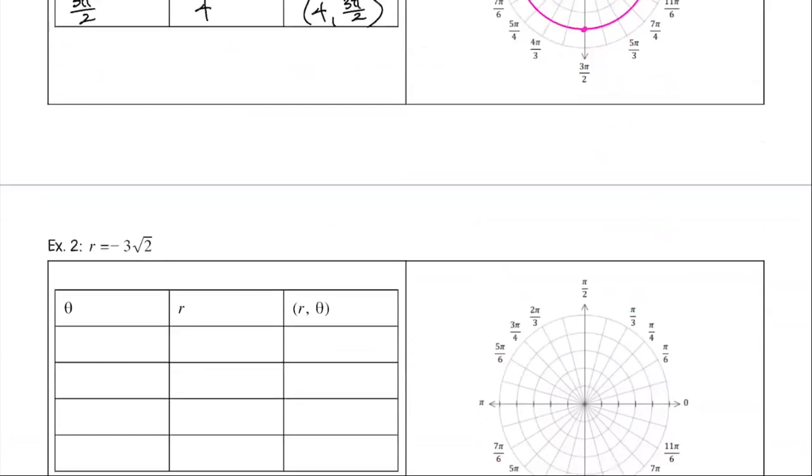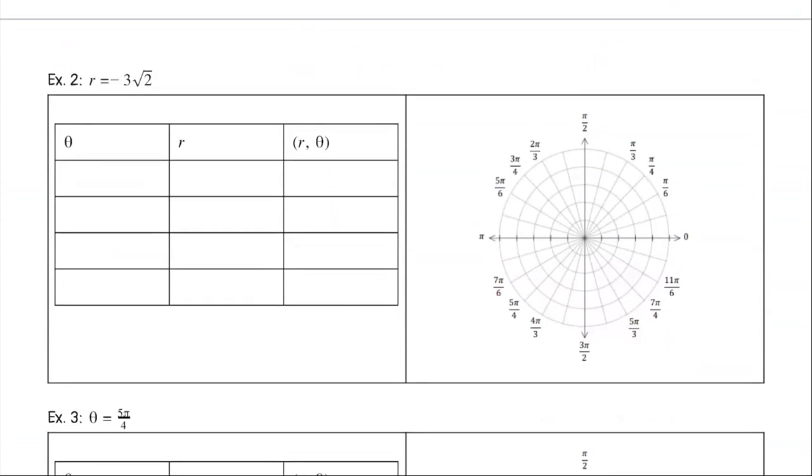So let's take a look at example number 2. I've got r equals -3 root 2. Well, the numbers aren't as nice, but this sure looks like r equals a constant, right? Like a number.